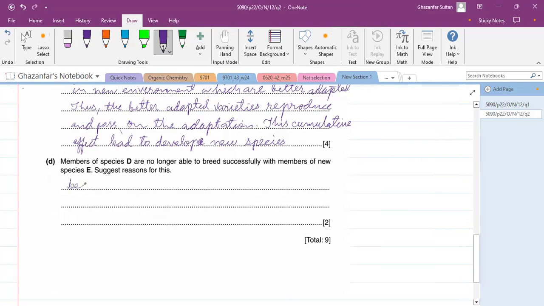Number one, it could be because they have different sets of genes.